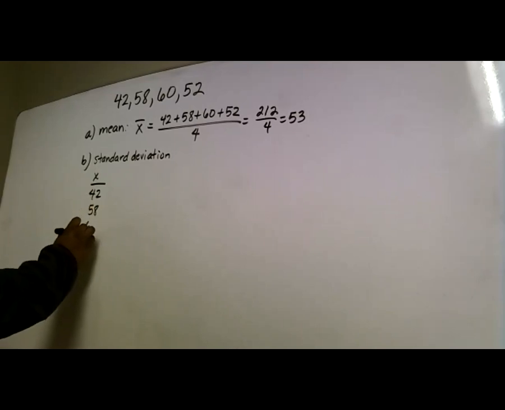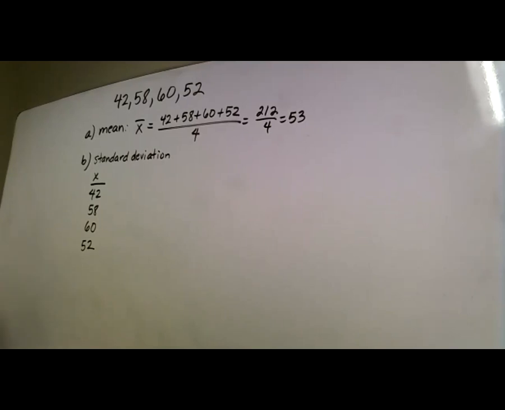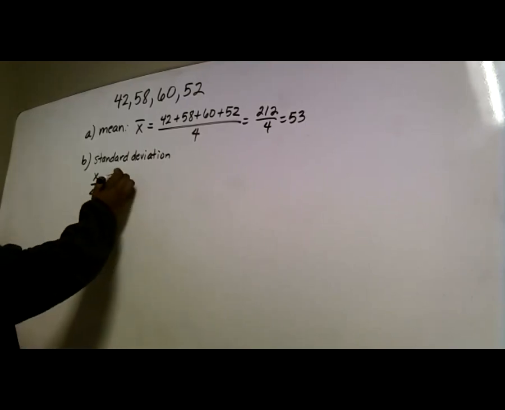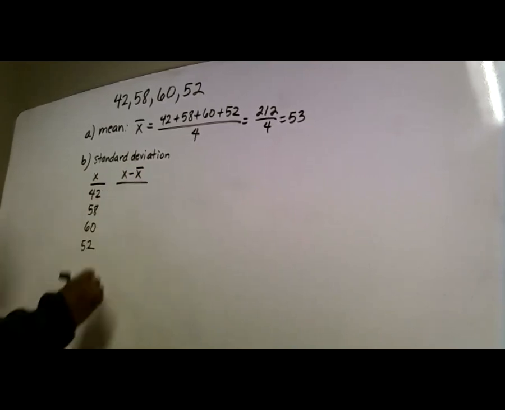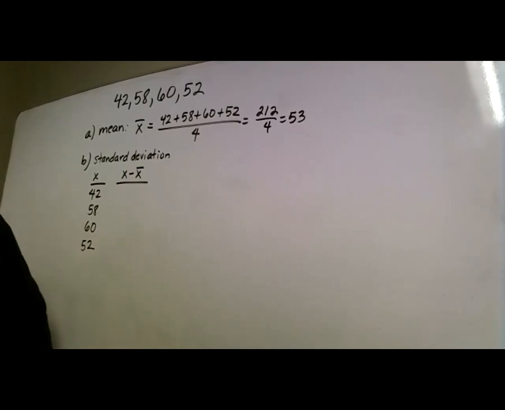I'm going to list them as I have them, not in any type of numerical order. The next column is going to be X minus X bar. That means I take each individual data value and subtract the mean from it.